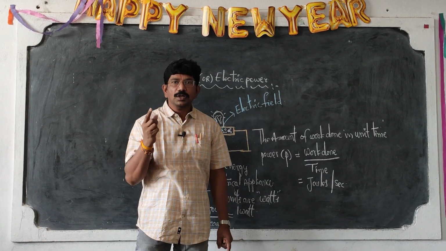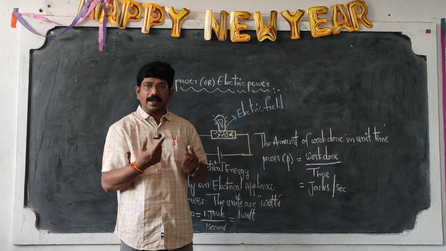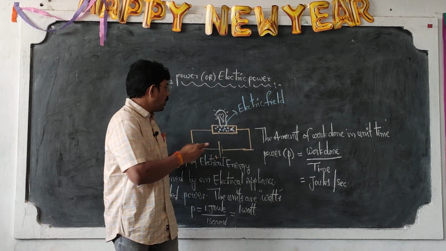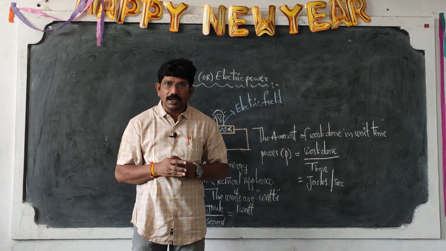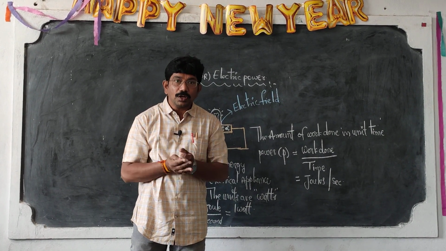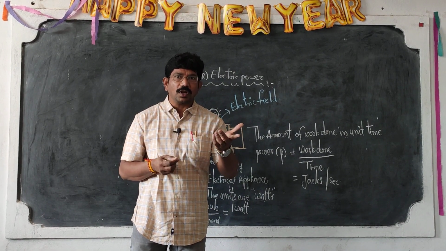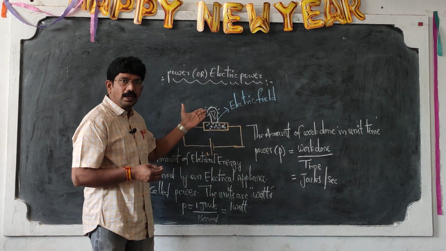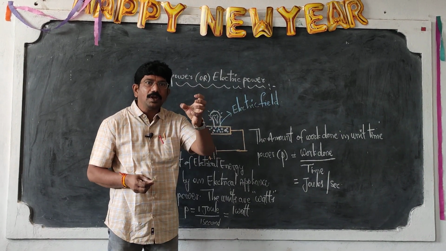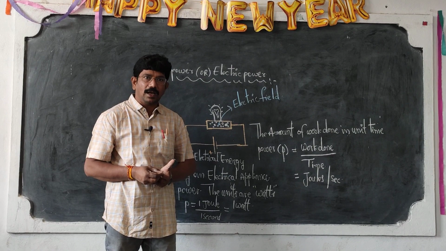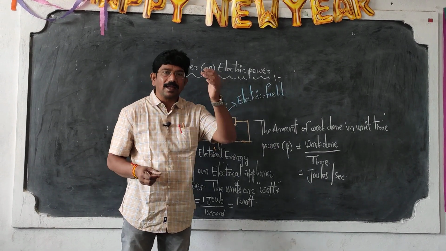So we can say that electrical energy is converted to mechanical energy. If you connect the two ends to a heater, it gives heat energy. So a certain amount of work is done. How can you say that work is done? The bulb is glowing, it is giving light. At the same time, after some time, if you touch the bulb, it gets heated. So that energy is consumed by the electrical appliances.